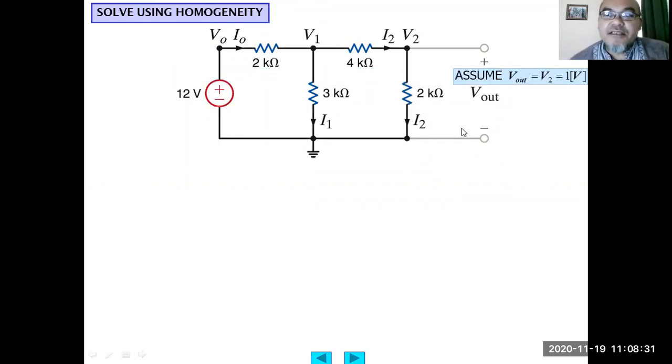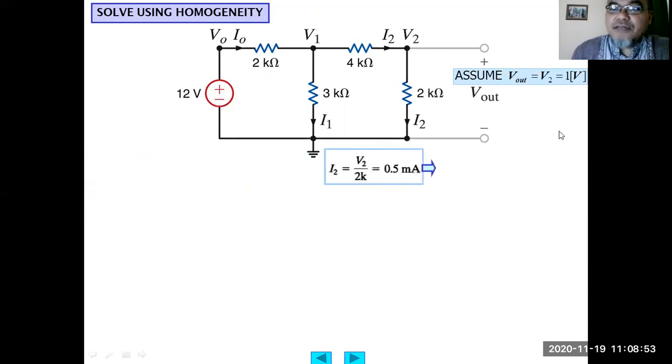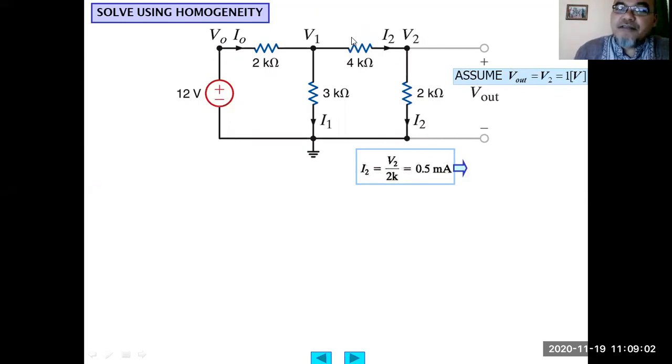First, let's assume that V output, which is V2 here, has a value of 1 volt. Then we know that I2 can be calculated: V2 divided by the resistor value, 1 volt divided by 2K, gives 0.5 milliampere, the value of I2.